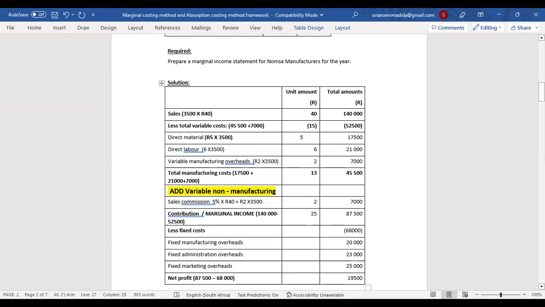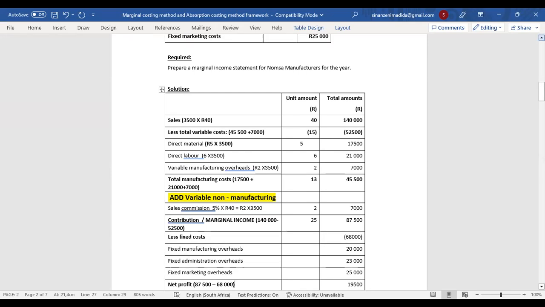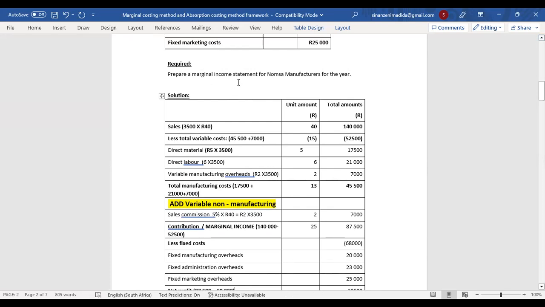This is all you need to do, guys, when you are required to prepare a marginal income statement. We use our variable cost. The first line, remember, the first line we said, look for the sales. How do we calculate our sales? We say the total units sold times the selling price per unit, which is 40 Rand.